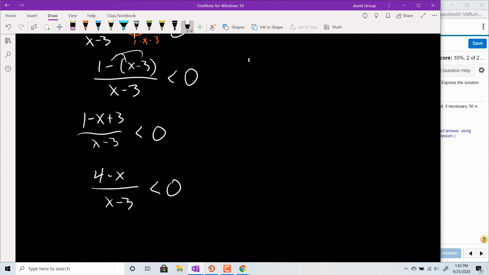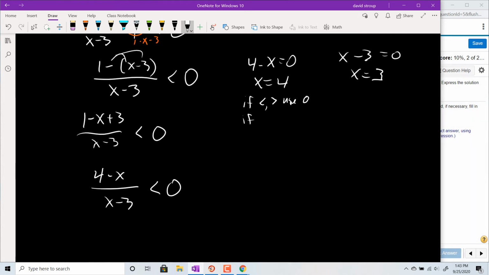Now I need to set the numerator equal to 0. So I'll have x is 4, and the denominator equal to 0. So I'll have x is 3. So again, if your inequality does not have the line underneath it, you're going to use an open dot. If you have this or this, you use an open dot. If you have this or this, you're going to use a closed dot.